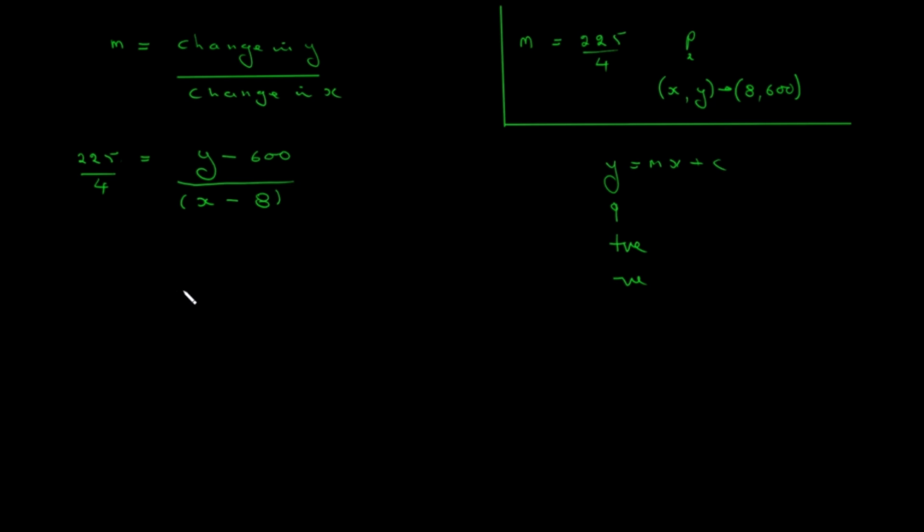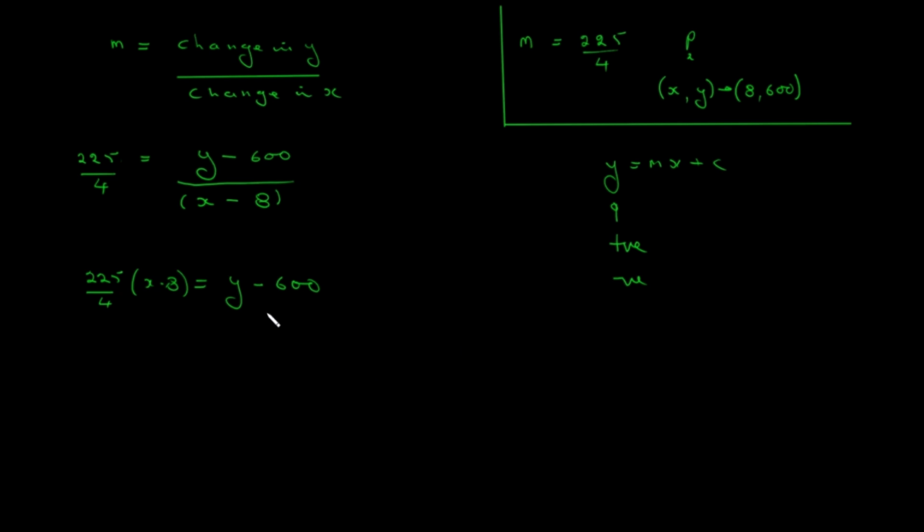So now we manipulate it. I'm going to move the equals across a bit. This is a group, take it right the way across, so we have 225 over 4 multiplied by x minus 8. I've now moved this from underneath to there, so that puts y minus 600 on its own. But we want y to be on its own.